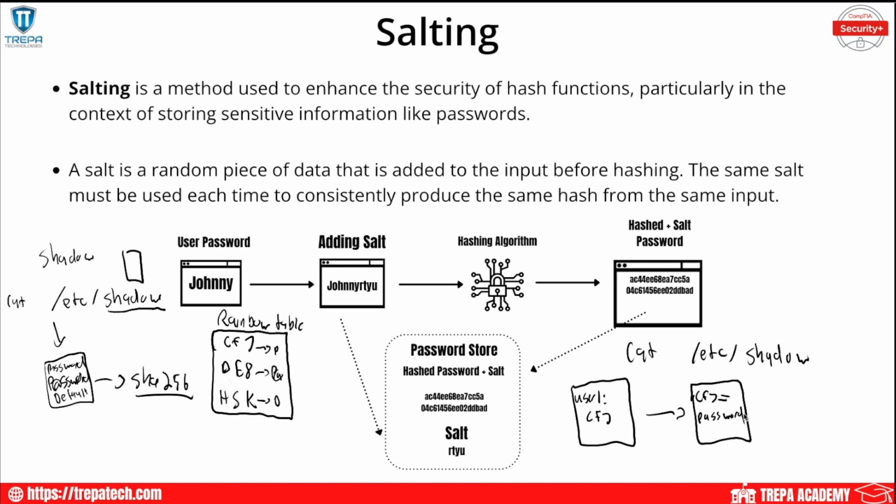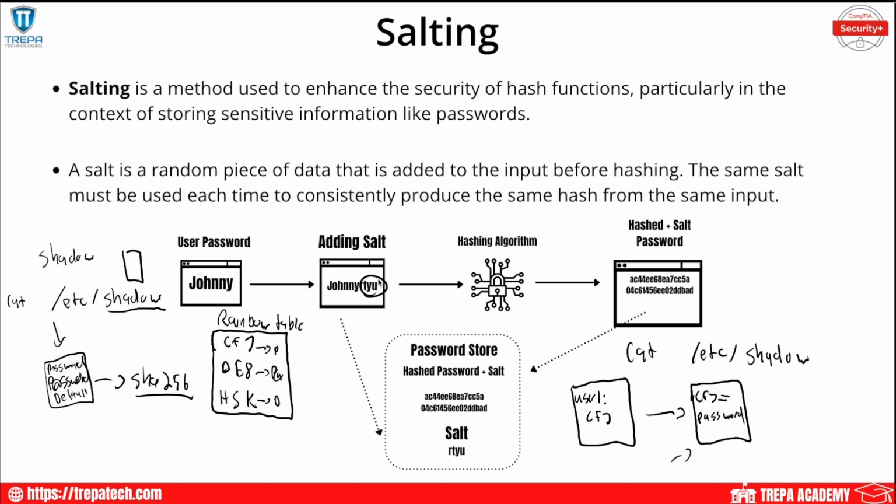We can do something called salting, where we add a random piece of data to the input before the hashing algorithm. So the same salt must be used each time to consistently produce the same hash from the same input, but now it kind of renders those rainbow tables ineffective because this salt is random. It's so random, right? We can't really recreate that in rainbow tables.